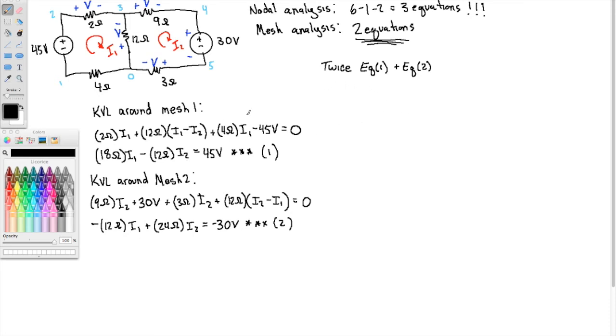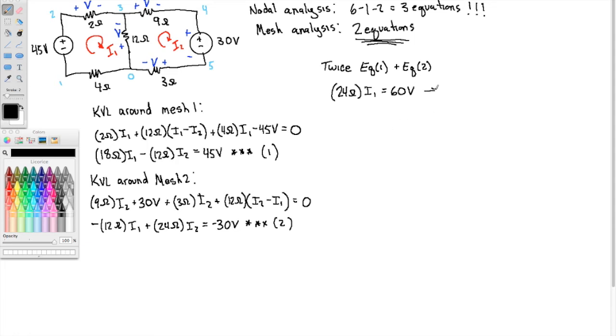So let's do that. So this would be 36 minus 12, which is 24 ohms I1. Again, that's twice, so that's 36 minus 12 is 24. The I2's cancel, and then when I do twice this, I get 90 minus 30, so that gives me 60 volts.